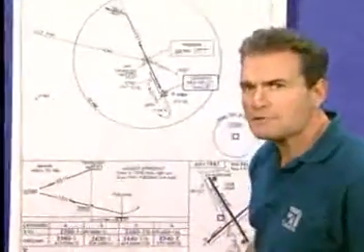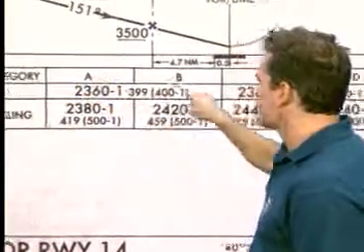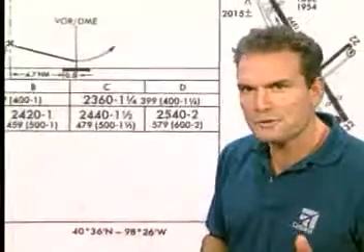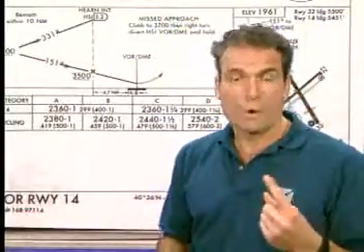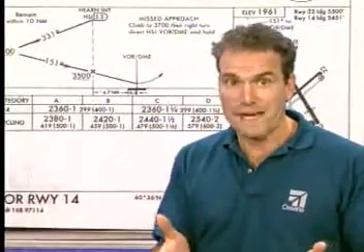Starting at the top left corner, you see the label category, which refers to the column headings across that top row. These are approach categories, and they're different than the ones used for pilot and aircraft certification. Approach categories are based on an aircraft's approach speed, and they're necessary for two good reasons. First, when you're flying faster, you have less time to see something and react to it.